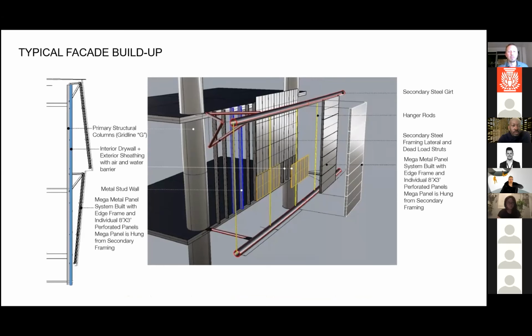So when they are pre-assembled into mega panel structures, they're between 24 and 30 feet tall by 8 feet wide. And that is a flat plane, right?